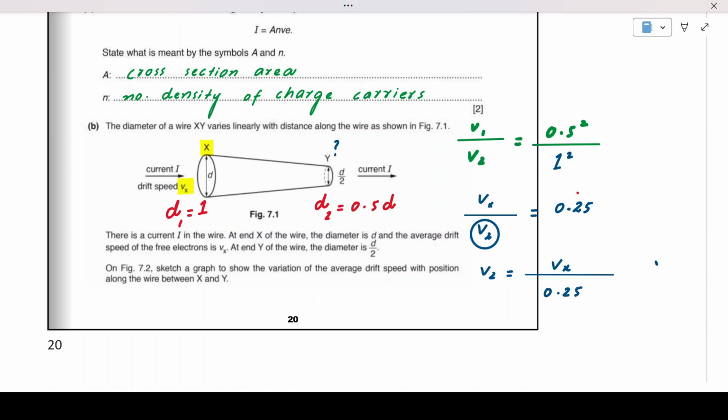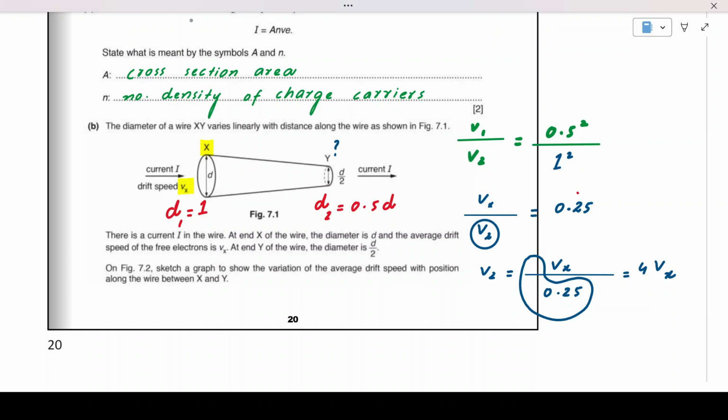So how many times Vx? 1 over 0.25 means 4 times. If you solve this on the calculator, 1 over 0.25, that means 4 times. So the drift speed at y will be 4 times the drift speed at x.